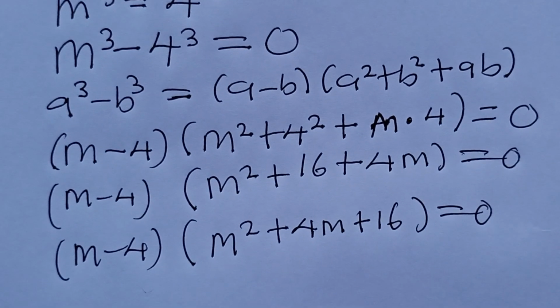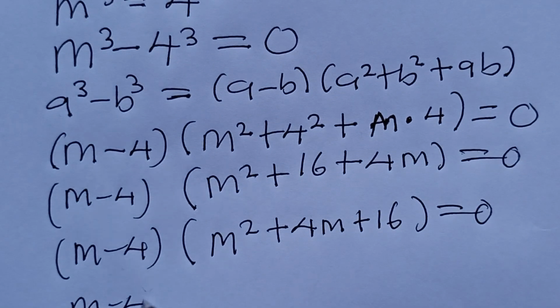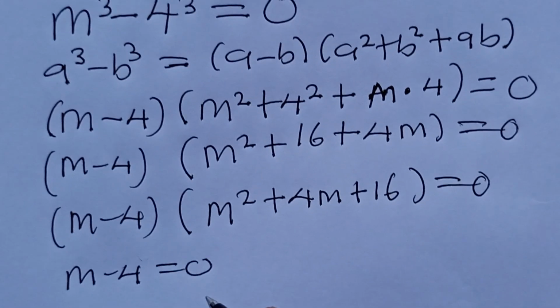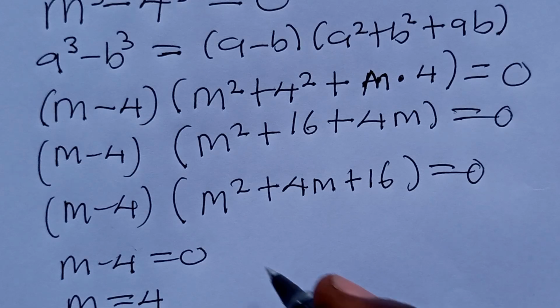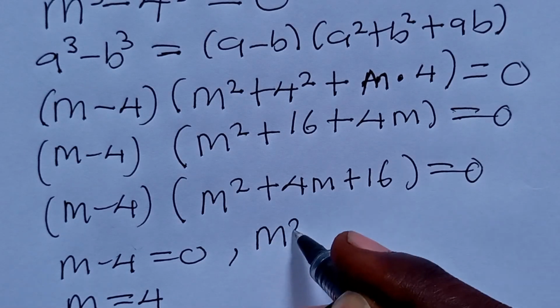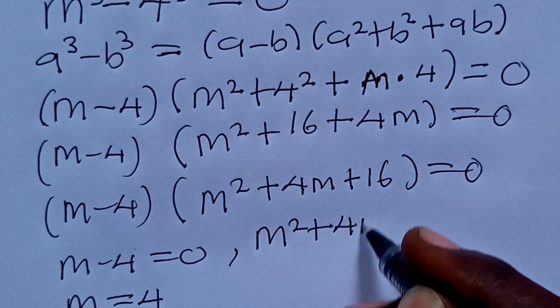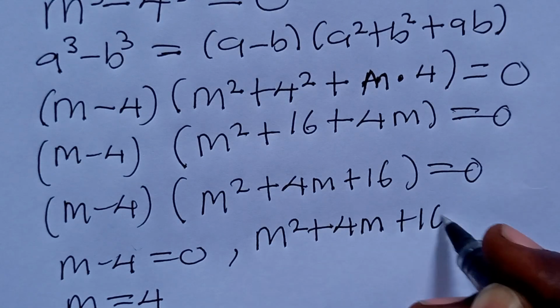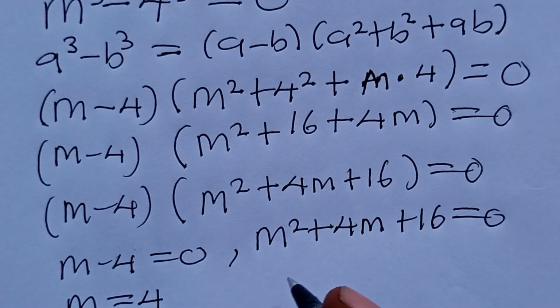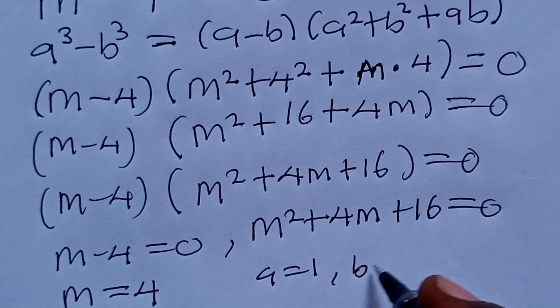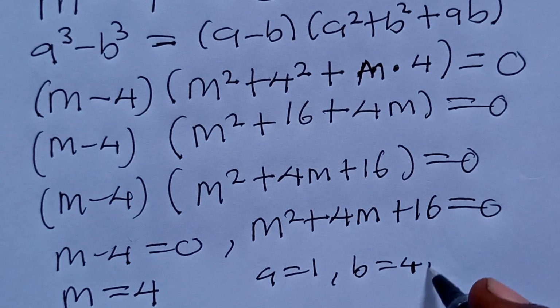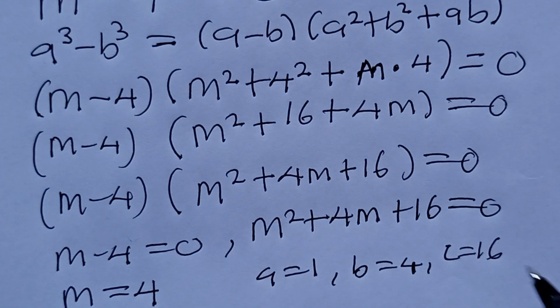So from this we know that m minus 4 equals 0, and our m is going to be 4. Likewise, we have m squared plus 4m plus 16 equals 0. From this, we know that a is 1, b is 4, and c is 16.